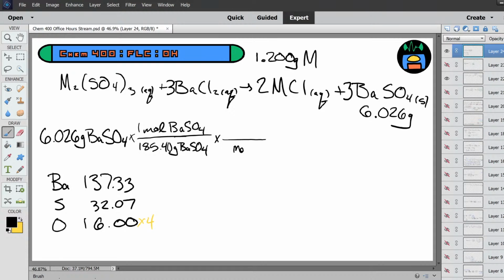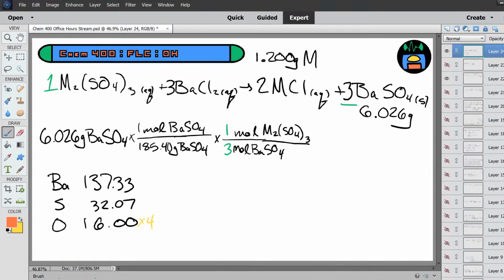Next, we use our balanced chemical equation to convert moles of barium sulfate to moles of our metal sulfate, which we don't know what that metal is. And this is a 3 to 1 mole ratio. 3 moles of barium sulfate are produced by 1 mole of the metal sulfate.